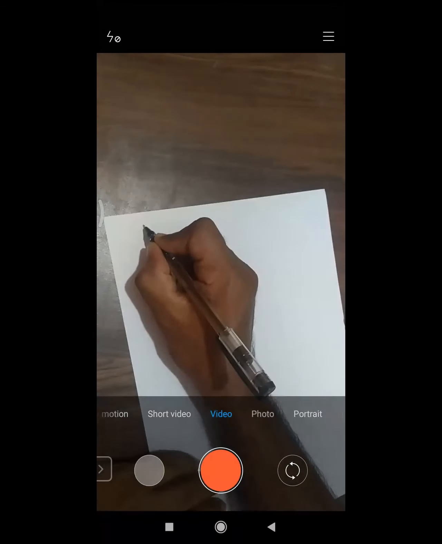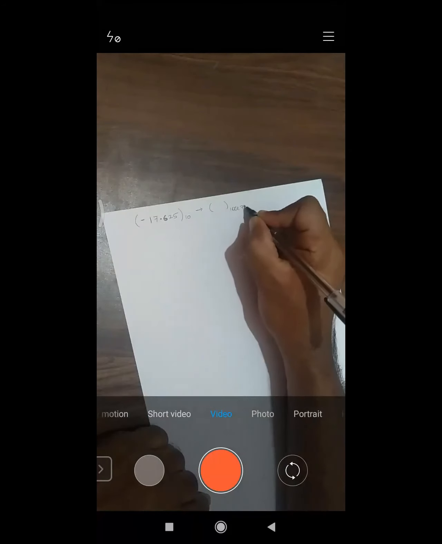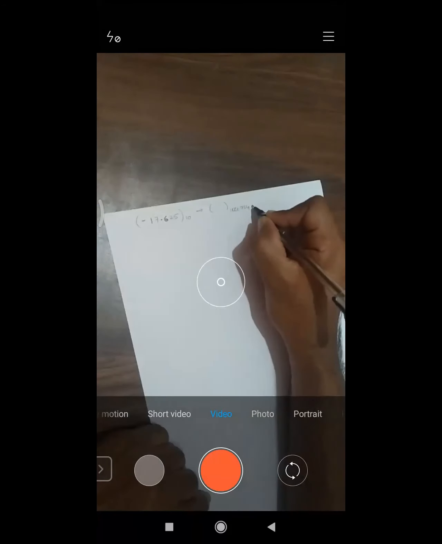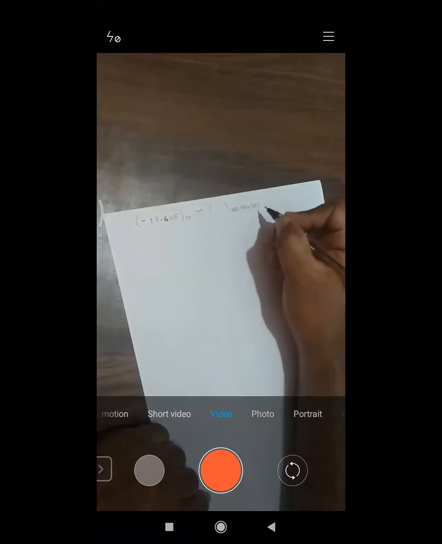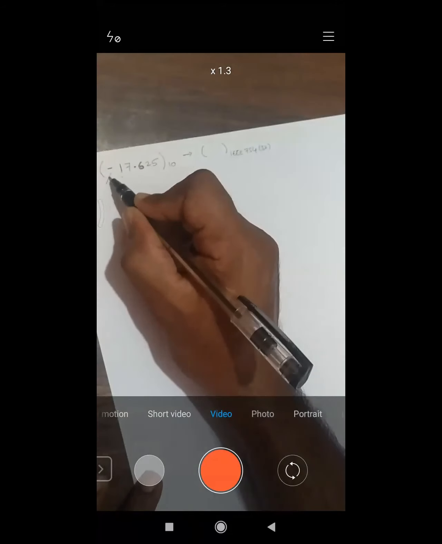Now you also start doing it with me. Now this is in decimal, so you need to convert it into IEEE 754 single precision, that is 32 bit. Just ignore the sign as of now.